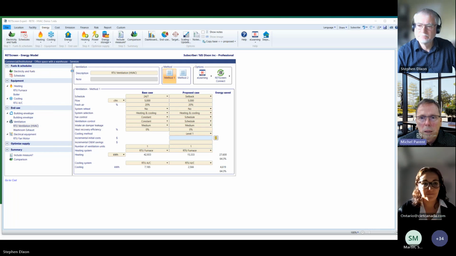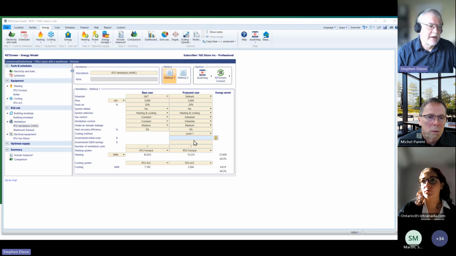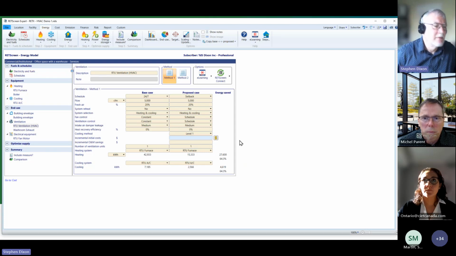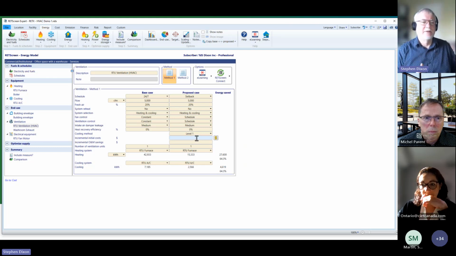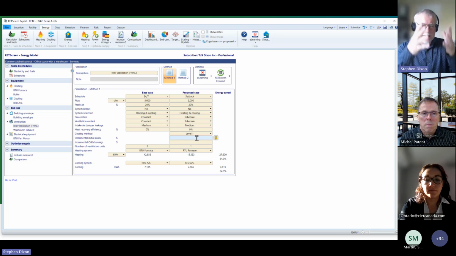Okay. Stephen, the last one is: is the energy modeler putting the incremental initial cost and incremental O&M values in the calculation? Well, down here we have incremental O&M cost, incremental initial costs. What that means is if we have to replace a system anyway, then getting to the proposed situation, do we take the full cost of replacement?